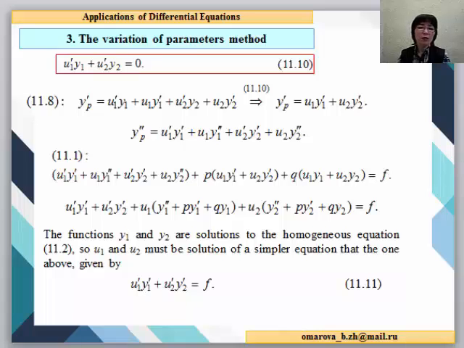Next, we reorder a few terms, and we see that the equation has the following form. The functions y sub 1 and y sub 2 are solutions to the homogeneous equation 11.2, so u sub 1 and u sub 2 must be solutions of the simple equation given above by the equation 11.11.